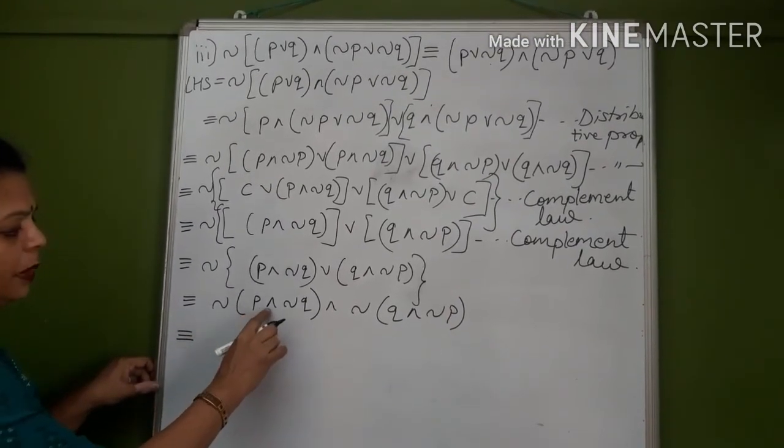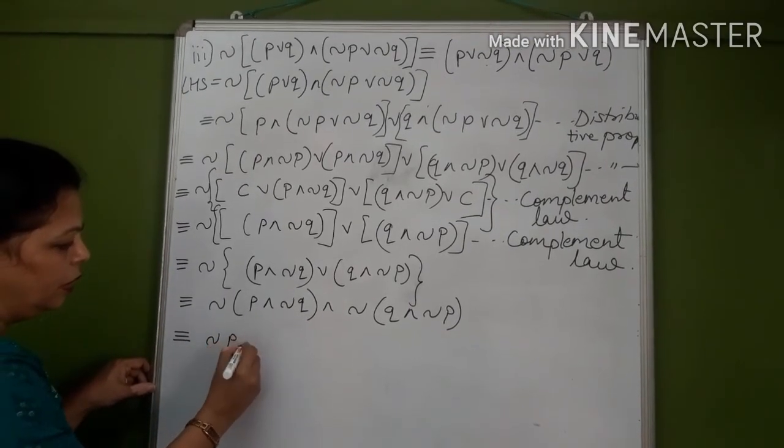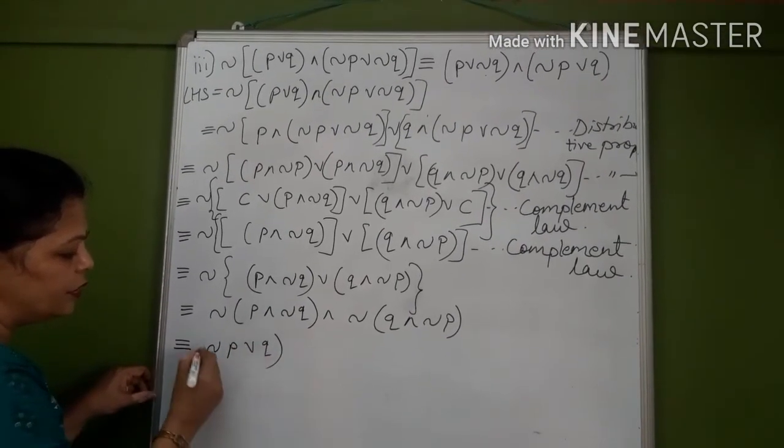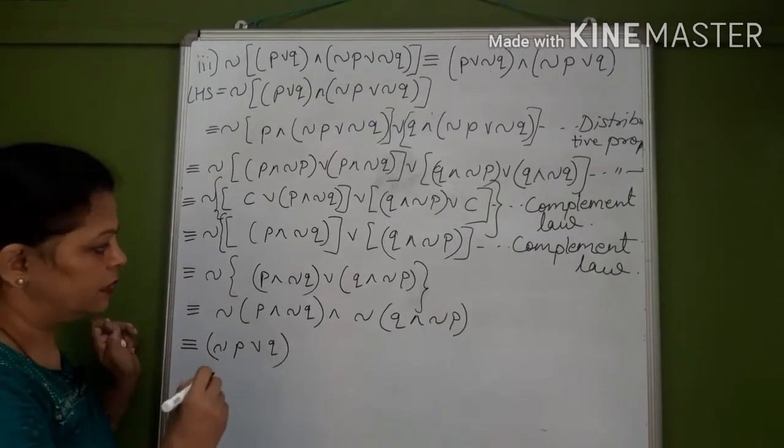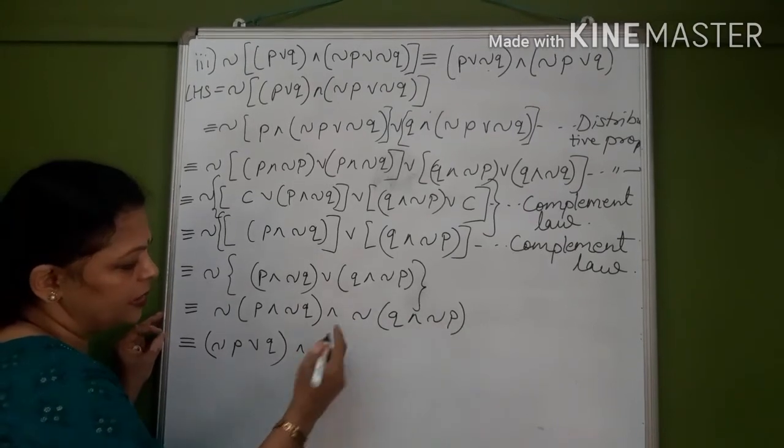So negation of P and negation Q will be negation P or Q. Negation of negation is the statement itself. And again negation of this.